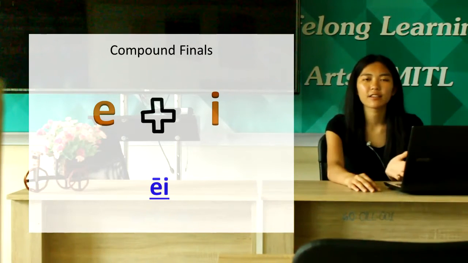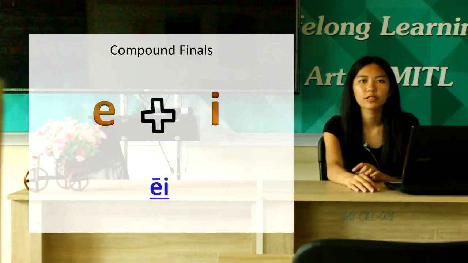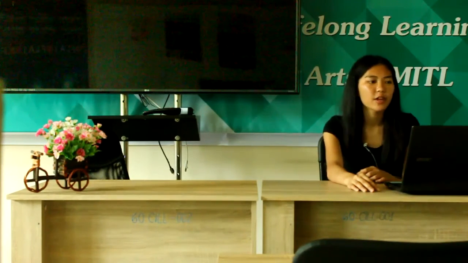As I've just mentioned, when e comes with another vowel, it will become another sound, like the e in the English word bed. So here, there will be an a and e. We join the sound together.